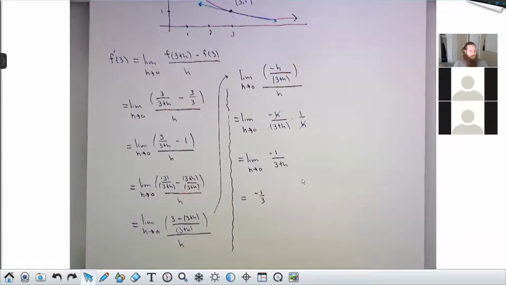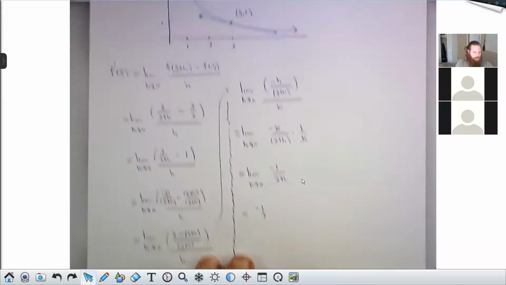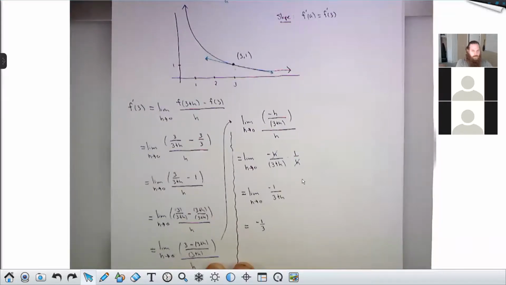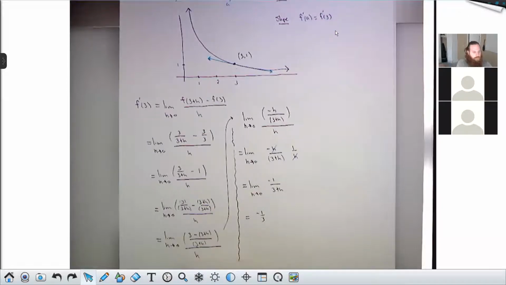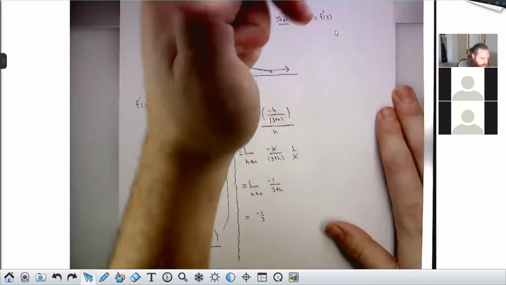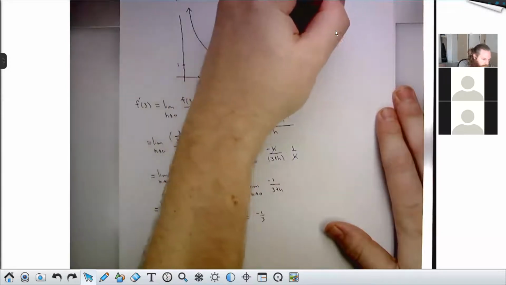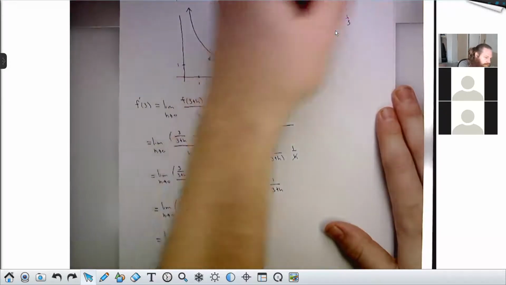Okay, so let's contextualize this work. Why did I do this? Well, because f prime of 3, that's my slope. This is negative 1/3. This is m.